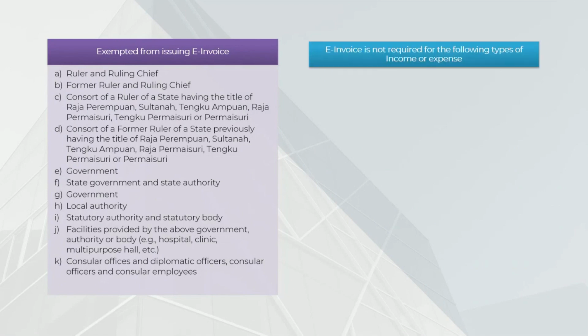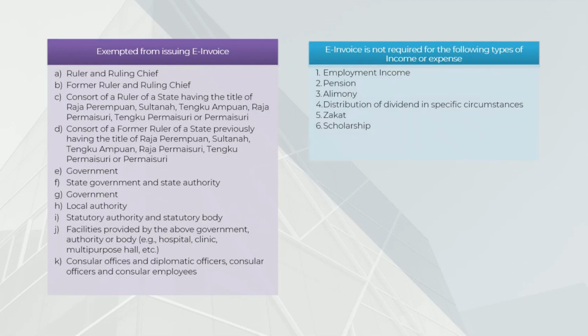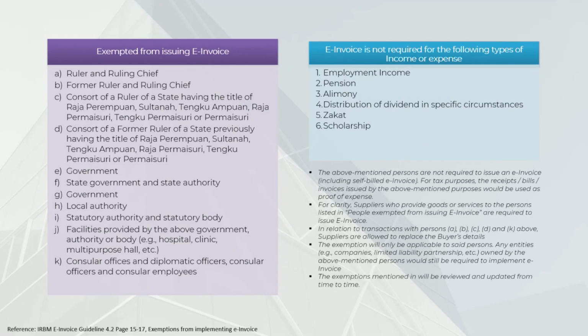And the other income or expenses that could be exempted are the employment income, the pension, zakat, or your scholarship. All this information could be found in the guidelines, which we have also mentioned in the bottom left of this slide. We will be sharing this slide with you later, so no worries. We have stated on which page and which section you could find all this information.